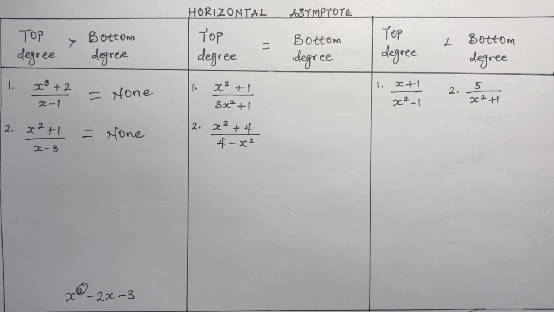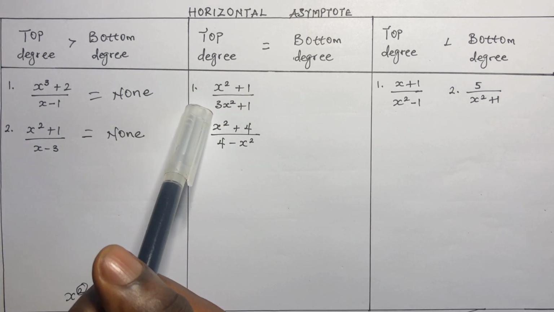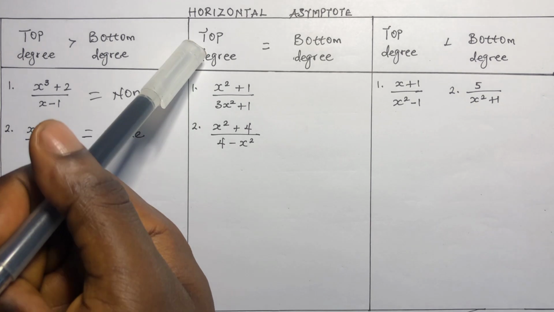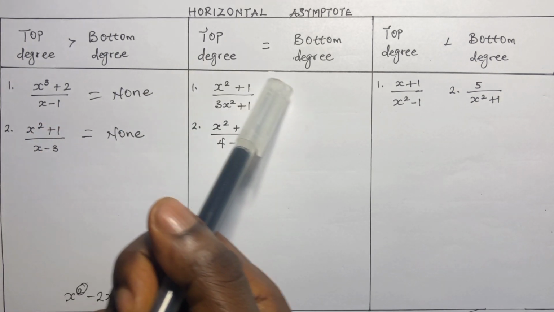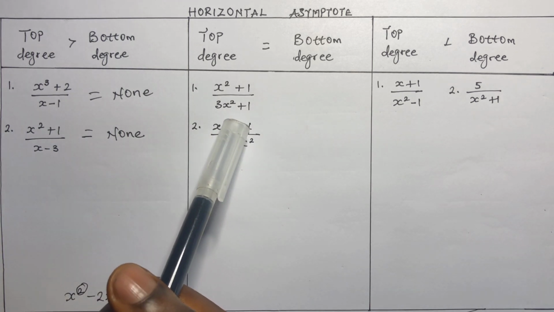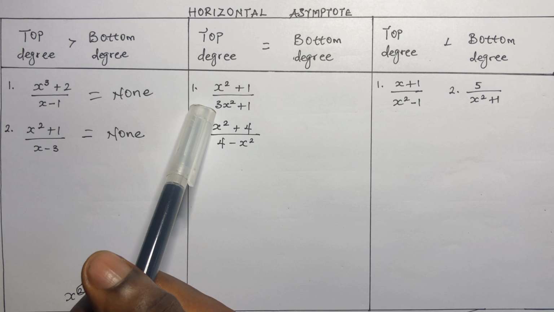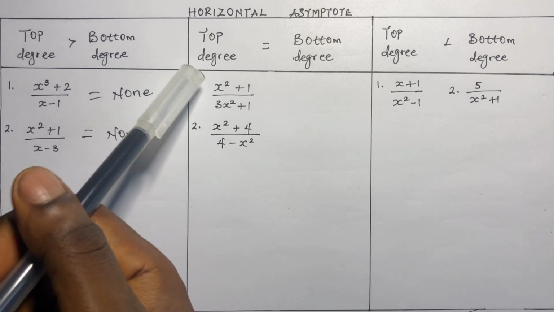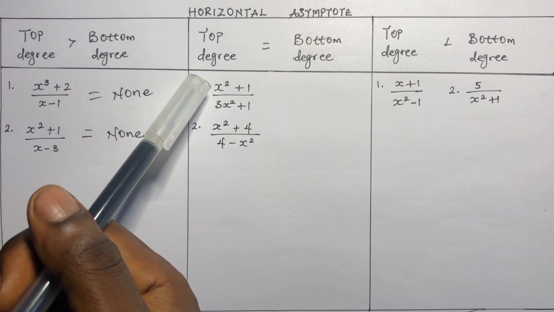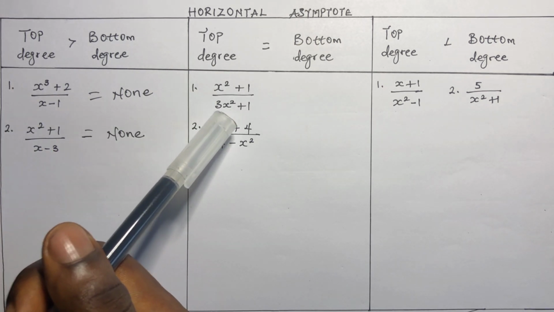So let's look into the second condition on our list. Now we have when the top degree is equal to the bottom degree. In this type of case, the way we obtain the horizontal asymptote is to divide the two highest powers of x. We have x squared and we have 3x squared.